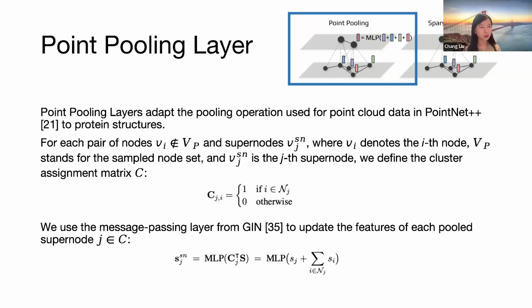But from your question, we can also extend the sampling method to other strategies, like sampling according to the neighborhood or the importance of the node. For now we just use the FPS sampling algorithm, following the protein workshop as well.